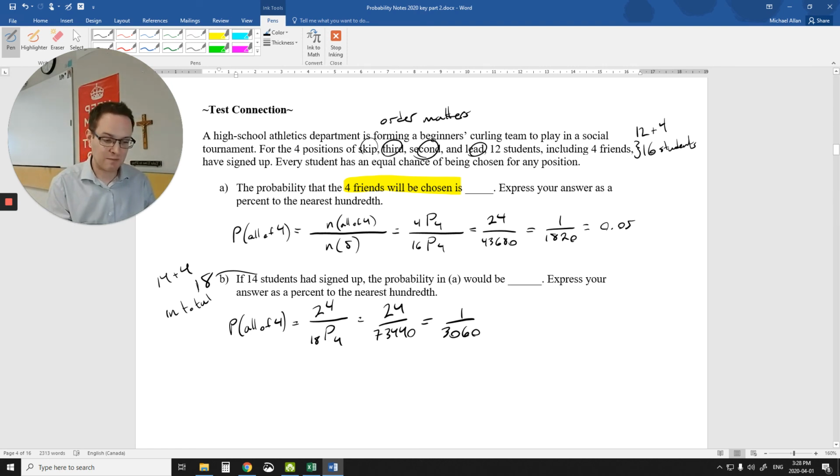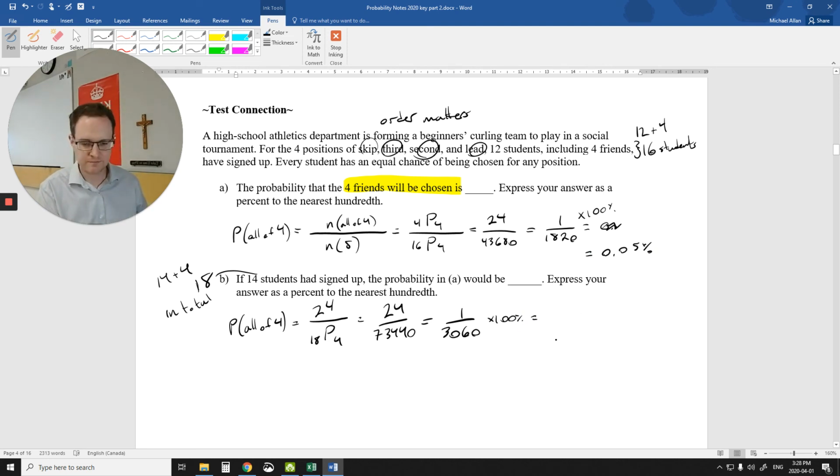Then I'm going to times it by 100%, to change it into a percentage. And when you do that, you get 0.05%, to the hundredth, that's it. Hundredth is 2 decimal places. You can do the same thing with this one. You can times it by 100%, and you get 0.03%. Okay? So not very likely that all 4 kids will be on the same team.